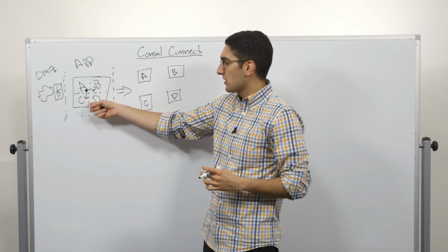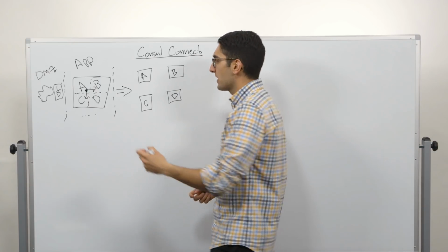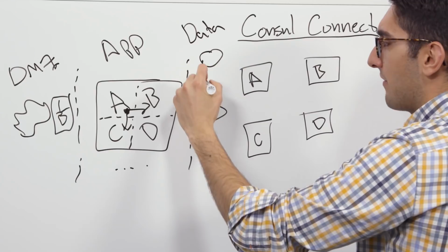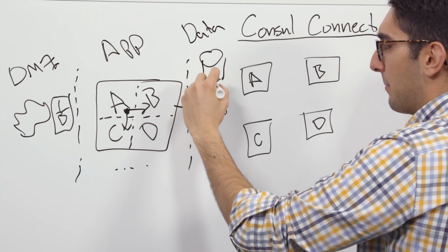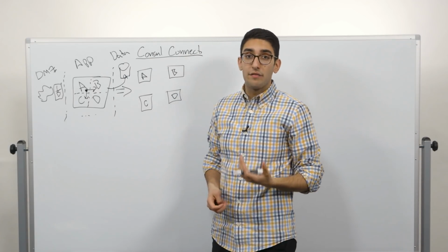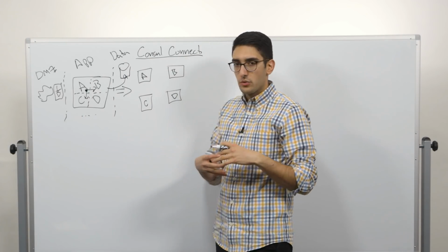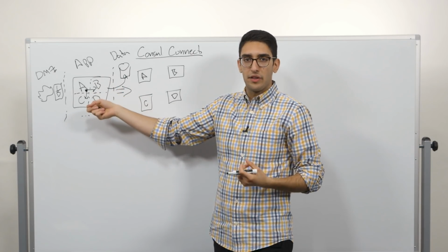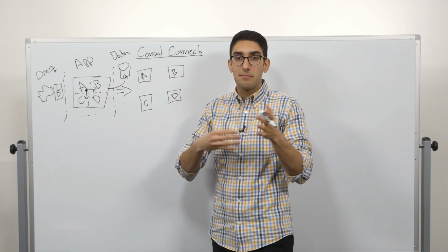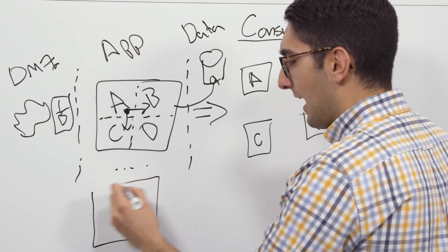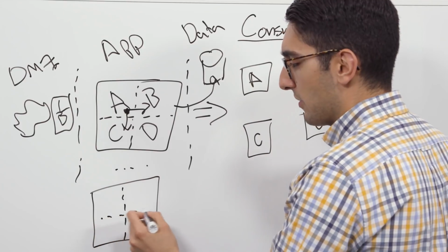Now, if this application needed to talk out, it's most likely talking to a backend set of databases. So we'd have a data tier that's sitting behind our application, and that's probably being segmented once again using a firewall. Now, as we got to a larger organization, maybe we had multiple of these different monolithic applications, so we'd start to segment our network, right? And what we would do is have this much larger network and then split it into sub-pieces internally, right?